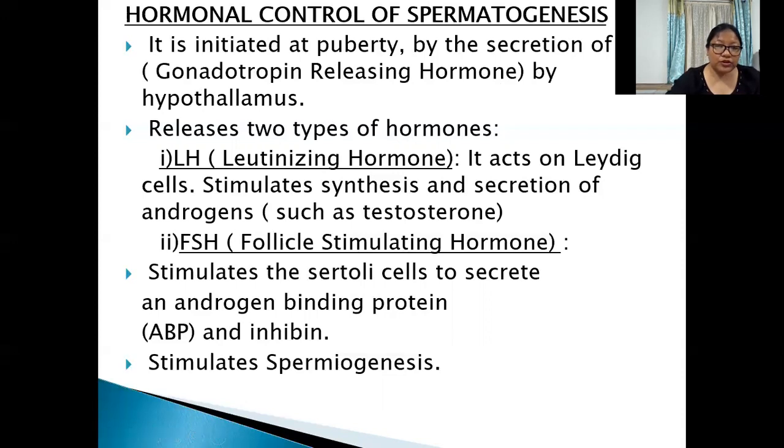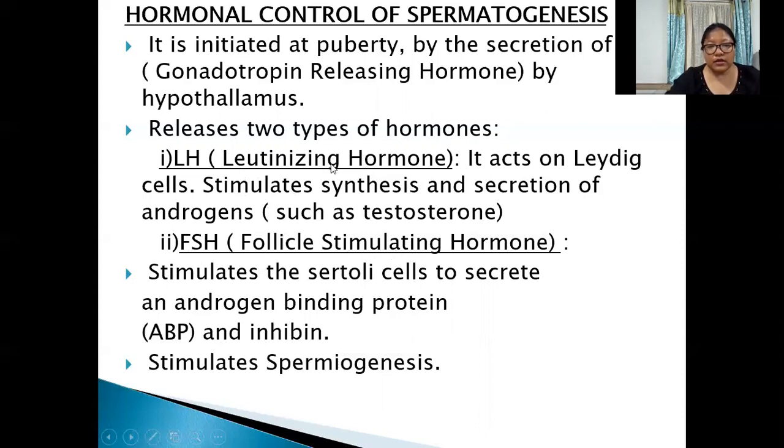When this gonadotropin releasing hormone is secreted by the hypothalamus, it also stimulates the pituitary to release hormones. The pituitary releases two types of hormones. The first is LH in short, and the full form is luteinizing hormone. The second is FSH in short, and the full form is follicle stimulating hormone.